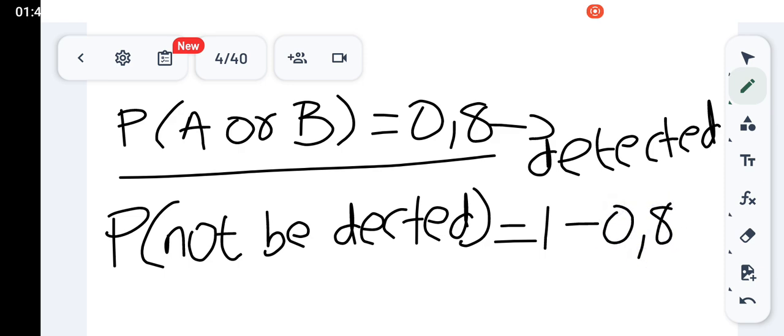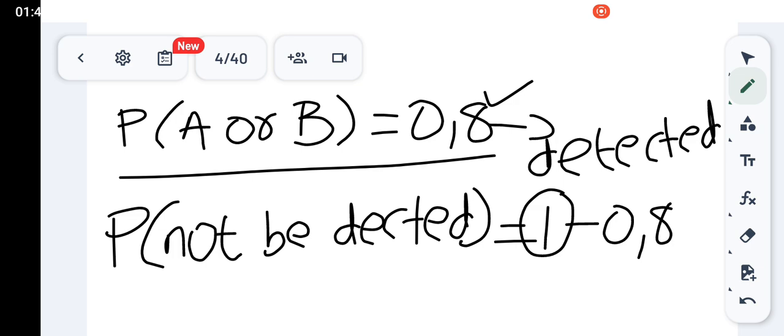Why? Because from this 1, we already know the probability that the person will be detected, which is 0.8. The reason why we are subtracting is because we want to see, from that 1, which we know 0.8, what is the value that is left.